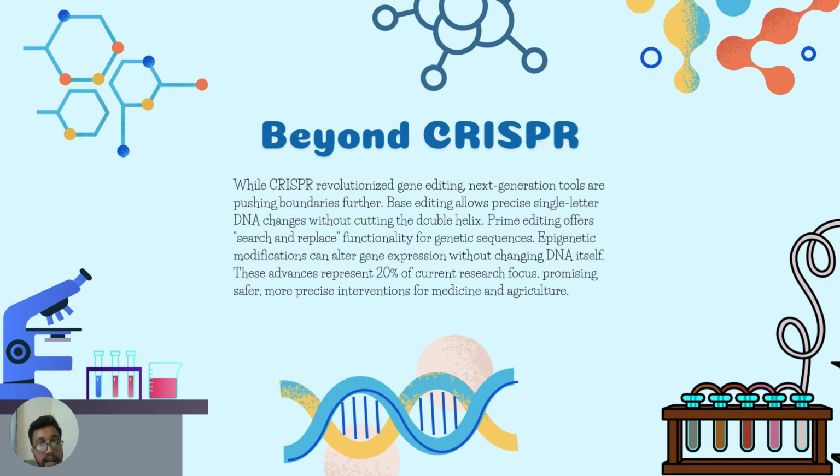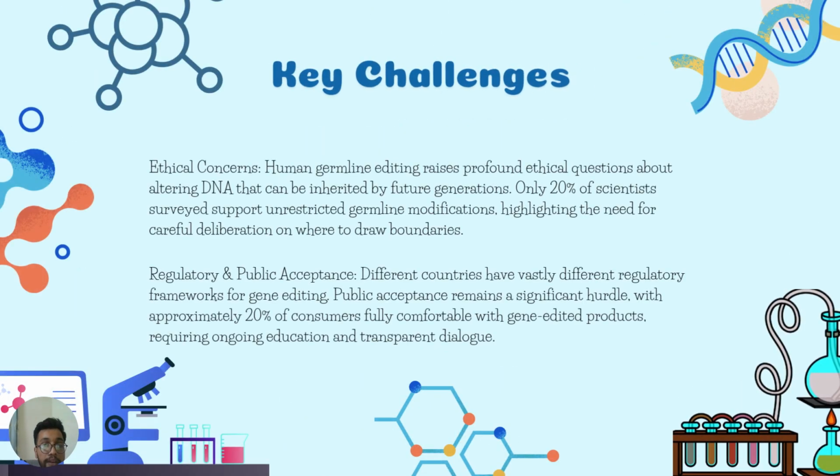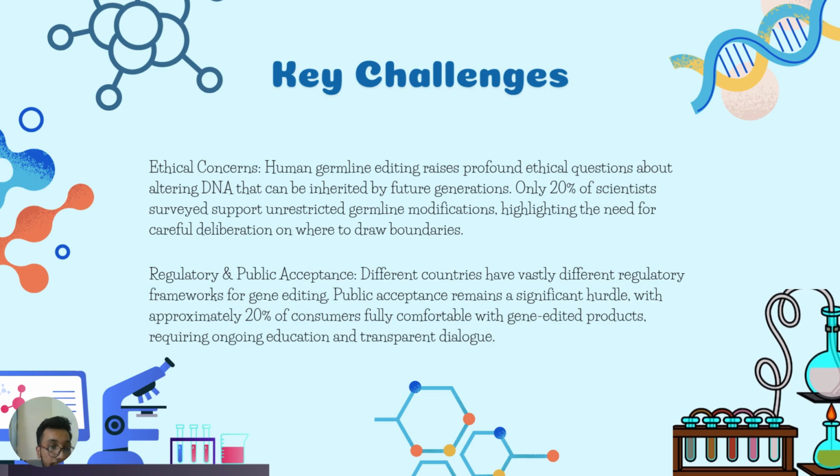Prime editing acts as a true search and replace word processor for genetic sequences. And we also have epigenetic modification, which lets us turn a gene's volume knob up or down without changing the underlying DNA code at all. These advances represent about 20% of current research focus, paving the way for incredibly precise treatments.